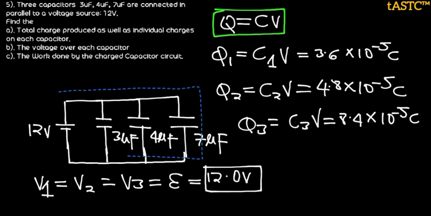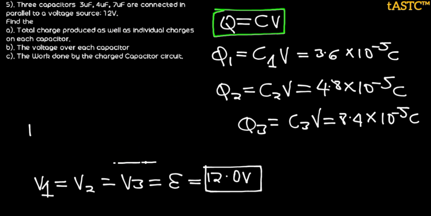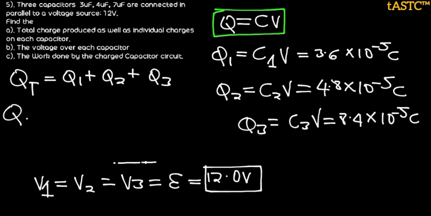Now, how can we find the total charge? So the total charge will be Q sub T. That is going to be equal to Q1 plus Q2 plus Q3. So this is going to be 3.6 added to 4.8, and that will be added to 8.4. Basically, all that should be multiplied with 10 to the negative 5.